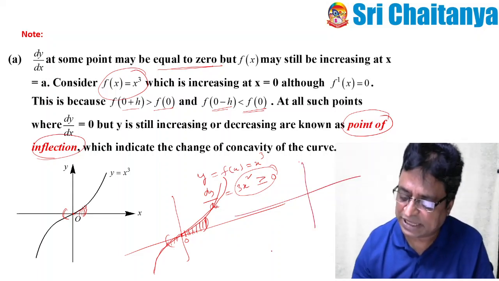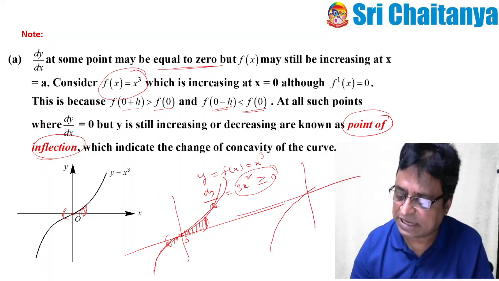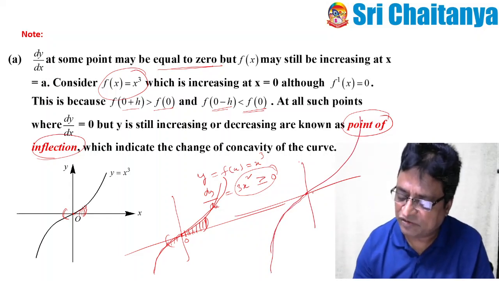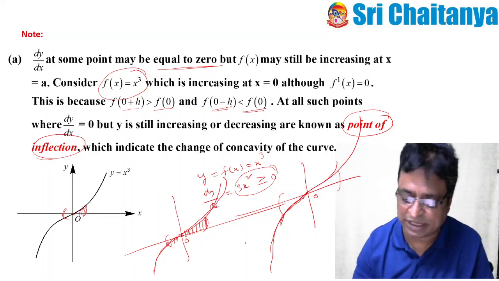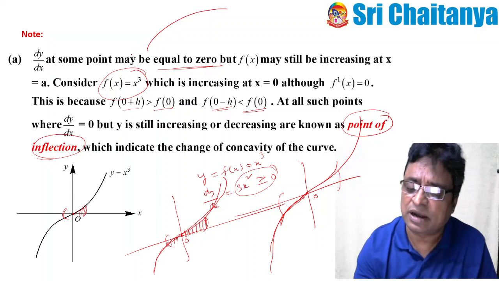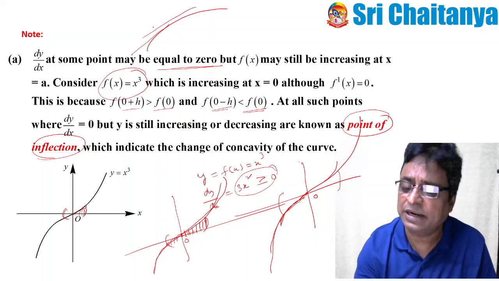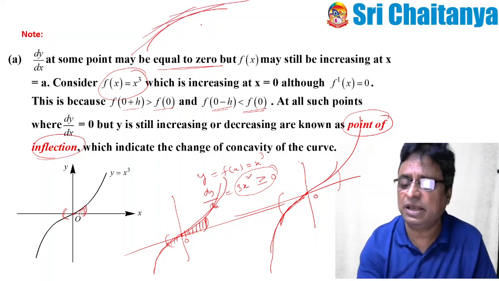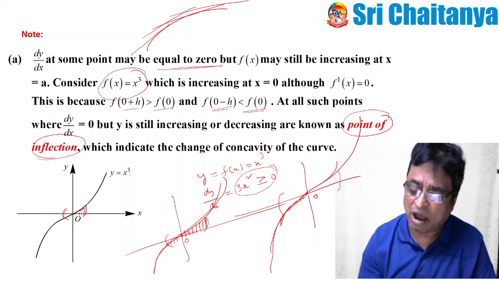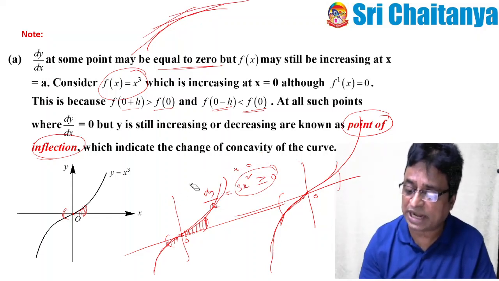And moreover, here you observe one important point. Here the graph is like this. This is the graph of y equal to x cube. Here this is 0. Here suppose this is some neighborhood. Here this graph is up to here like this, and here the graph is like this. Whenever the curve lies under the tangents, because if you draw tangents at every point on the curve, always the curve is below the tangents.